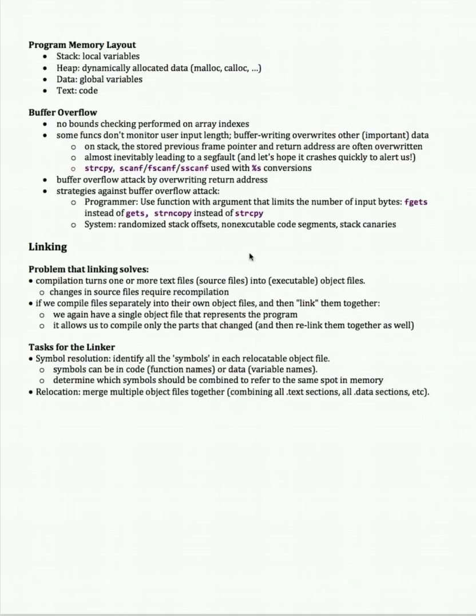In other words, input may exceed the memory space that was allocated to store the input. Then the buffer overflows, and important data, such as the return address, could be overwritten, which causes a segmentation error, right?